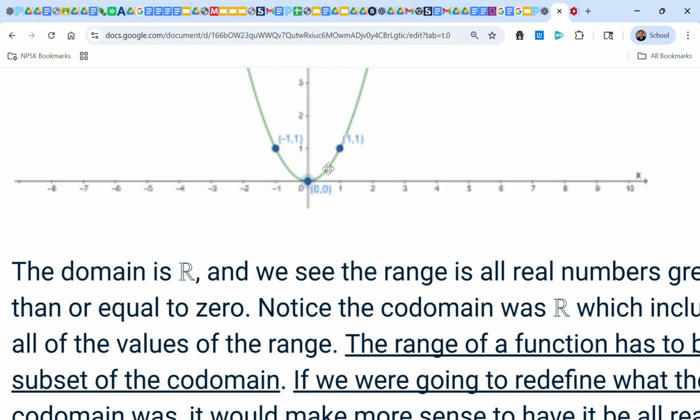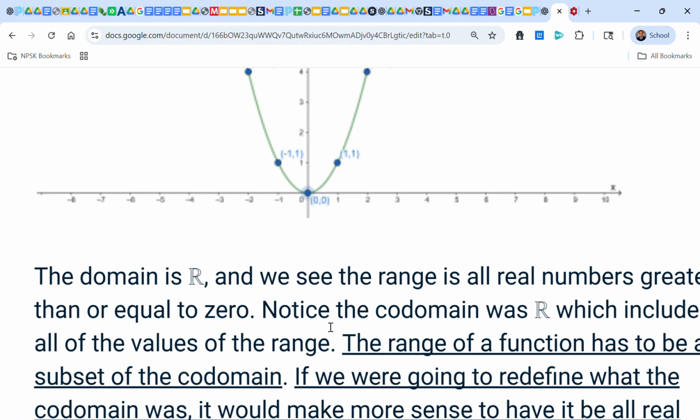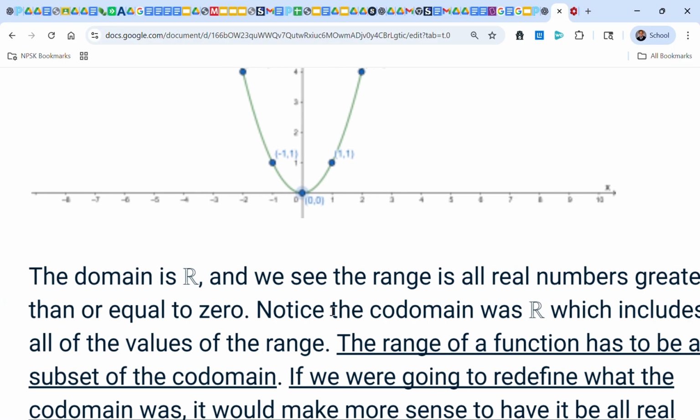It includes all of the values between 0 and 1. So the range includes all of these y-coordinates along here. The domain is all of what x can be. X can be all real numbers. The range is what y can be. So it's from 0, and it includes 0, and it goes all the way to infinity. In other words, all real numbers greater than or equal to 0.